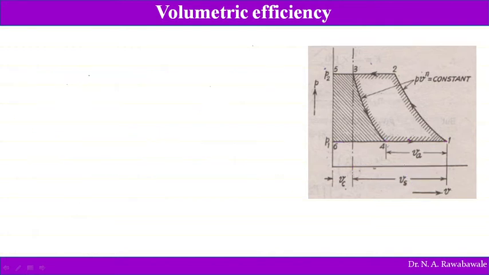So now this volumetric efficiency is given by Va divided by Vs, where Va is nothing but V1 minus V4, and Vs is equal to V1 minus V3.